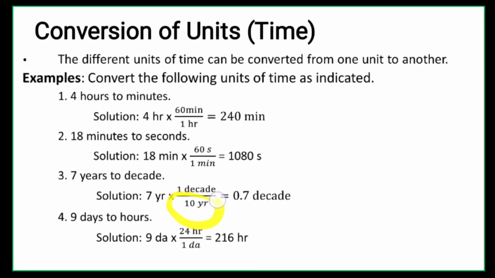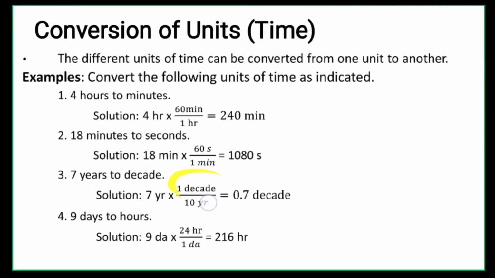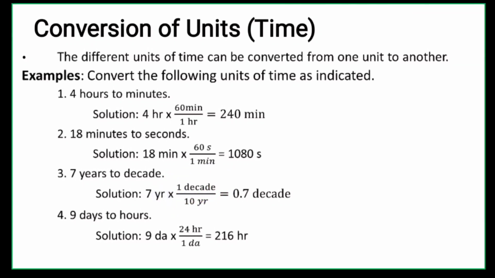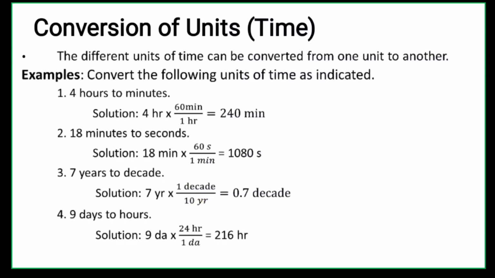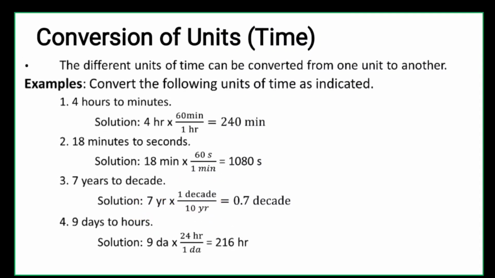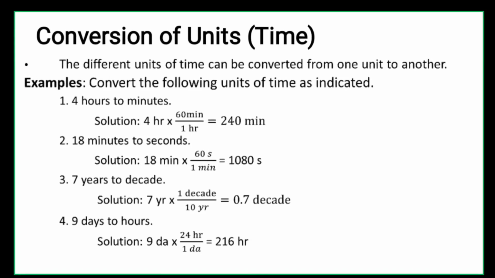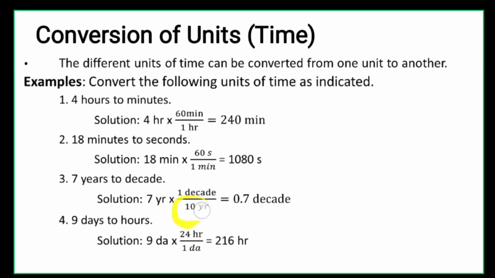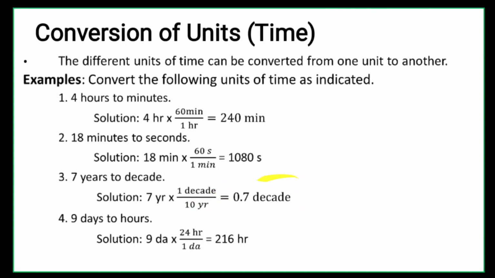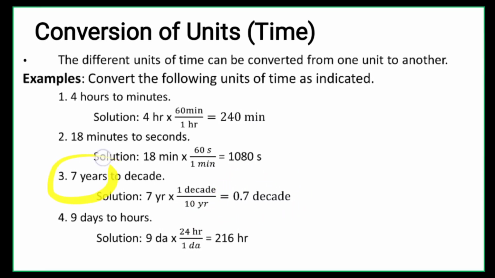Our numerator is 1 decade. After that, we can cancel year. Therefore, 7 times 1 decade is 7 decade. 7 decade divided by 10 is 0.7 decade.